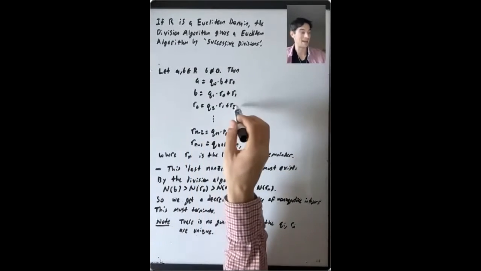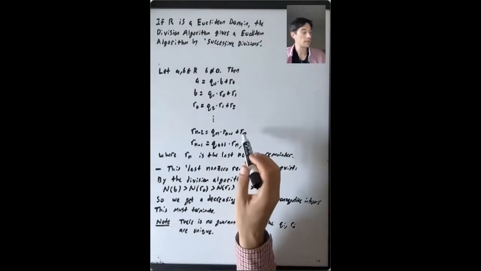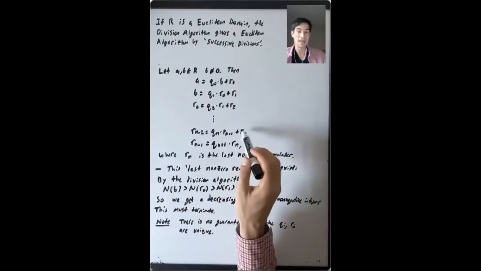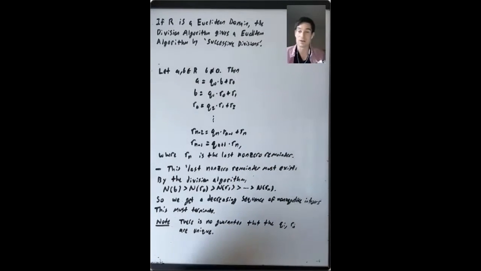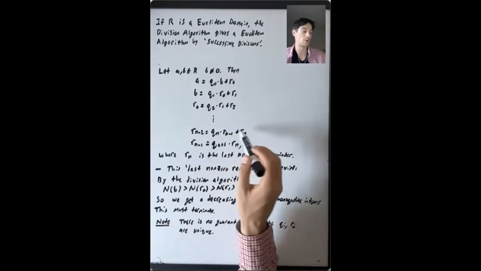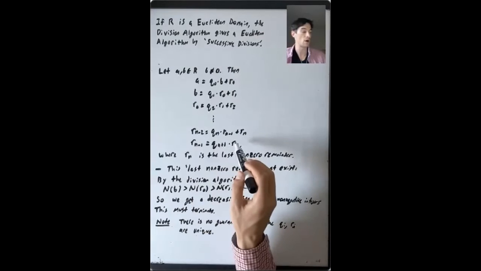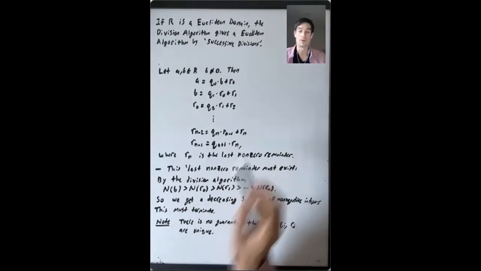And then you can do it again, and you get R2, and so on and so on. And eventually, you hit some point where the remainder that you get is 0. So you get Rn minus 2 equals Qn times Rn minus 1 plus Rn. Rn minus 1 equals Qn plus 1 times Rn plus 0.